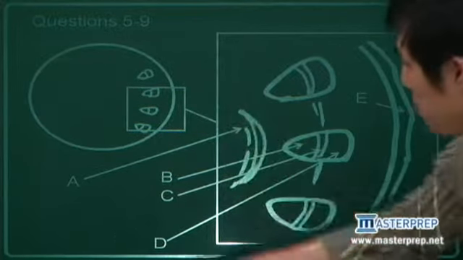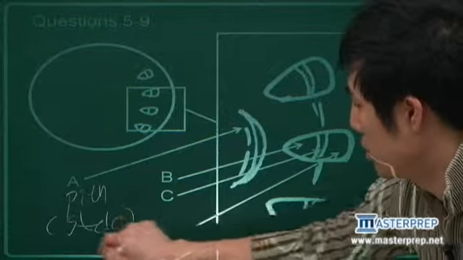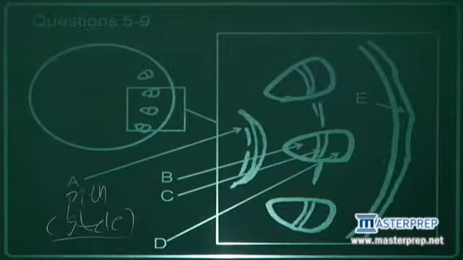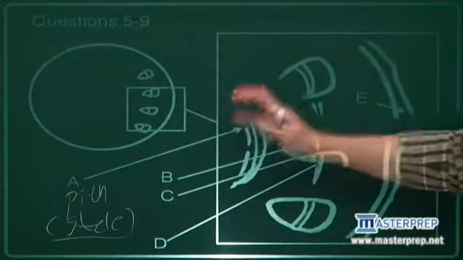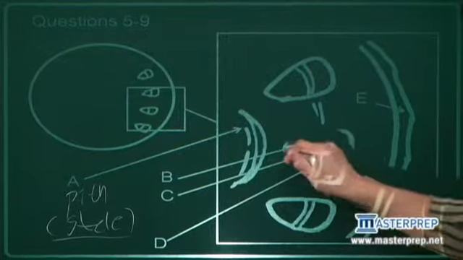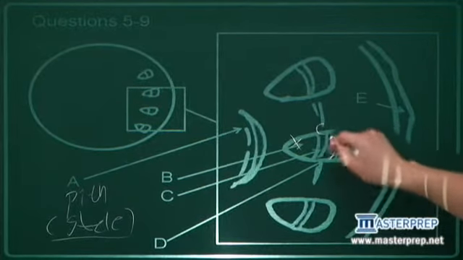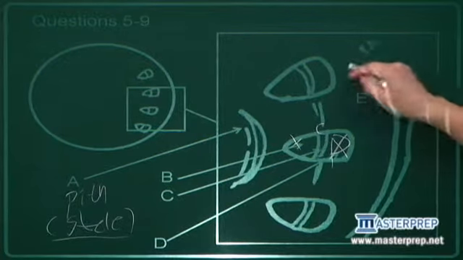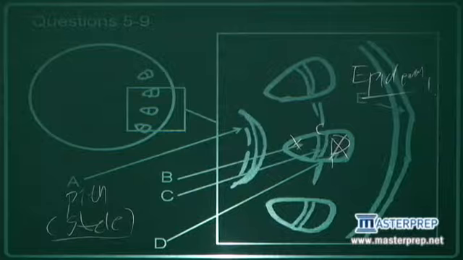So A, this is pith, right? Or steel. So this is a part that stores the nutrients and at the same time support the stem. And B, again, this is xylem, this is a cambium, this is phloem, and here, this is epidermis, right? Which is kind of bark here.